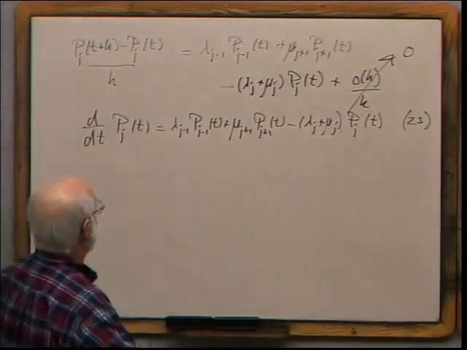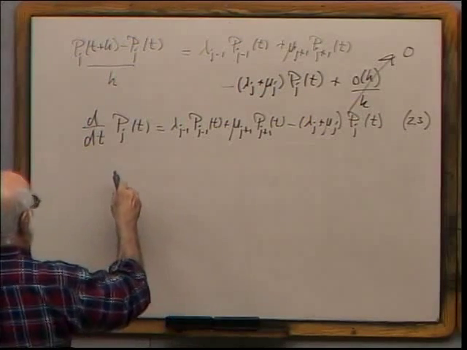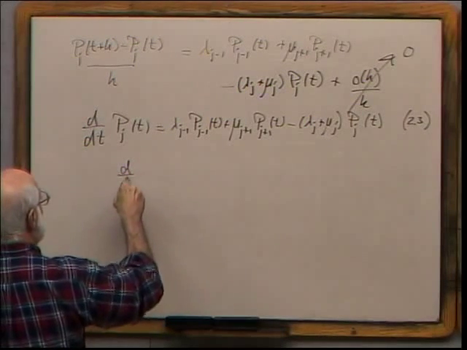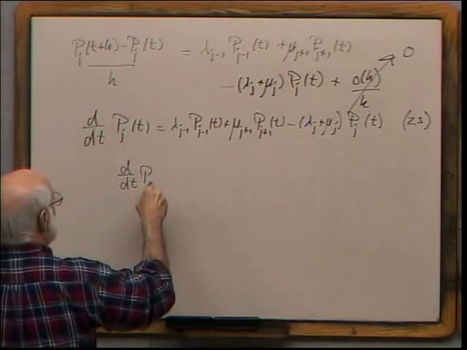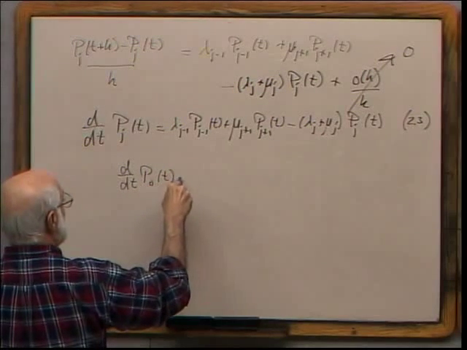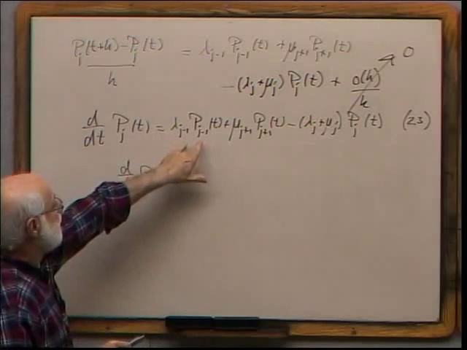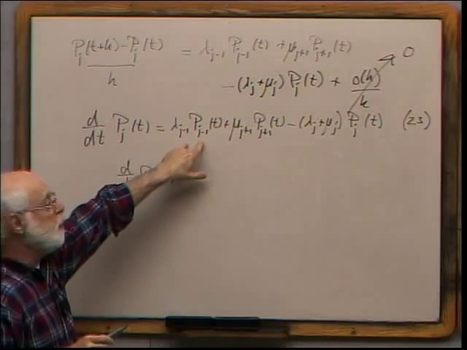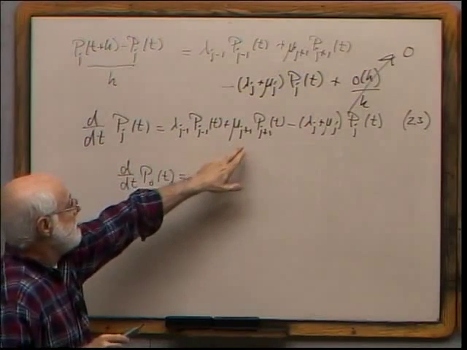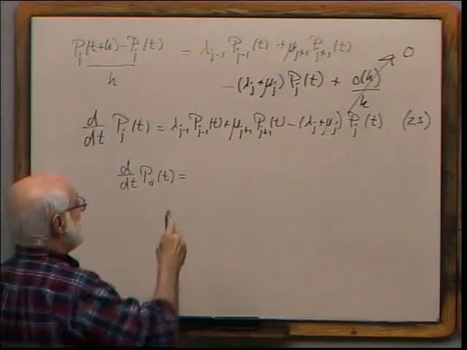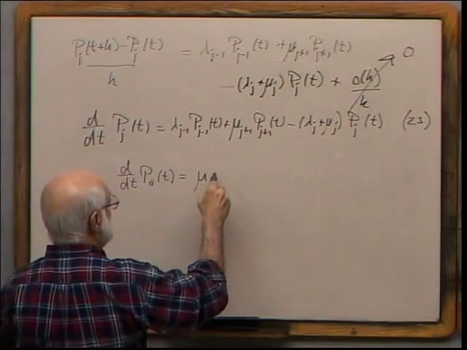So that means that I'm going to have an equation like this for P0. So when j is equal to 0, this term is 0 because that corresponds to an impossible state. This is going to be mu sub 1, which is simply mu according to our assumption, P1 of t.